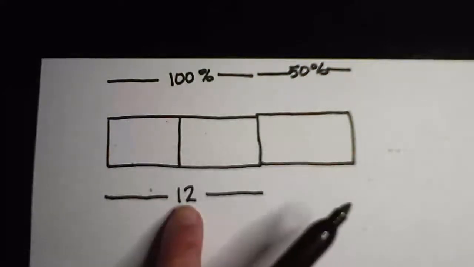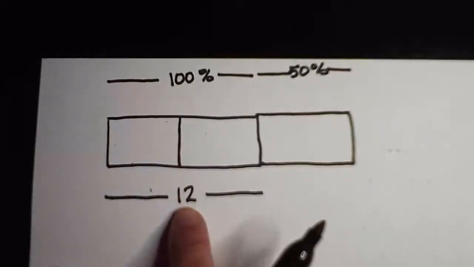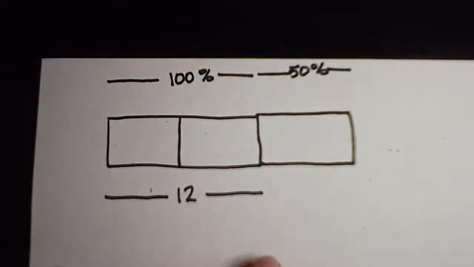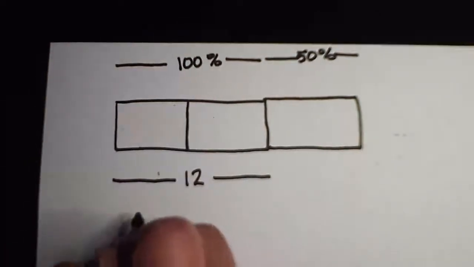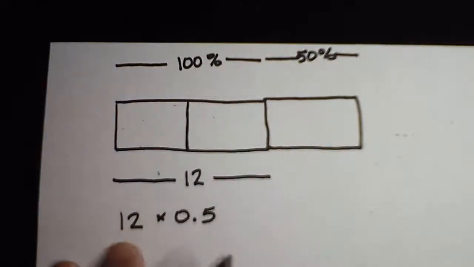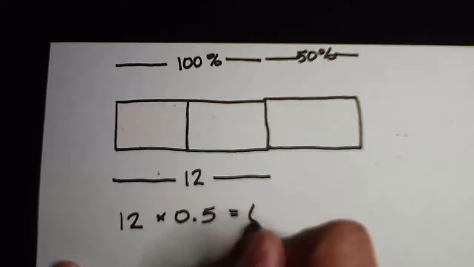There are lots of ways to figure this out. One way I could figure it out is I could figure out what is 50% of 12. For a lot of you, you know how to do 50% of 12 because 50% is just half, and half of 12 is 6. Another way to think about that is to take 12 and multiply it by the decimal form of 50%, which is 12 times 5/10, and that will give you 6.